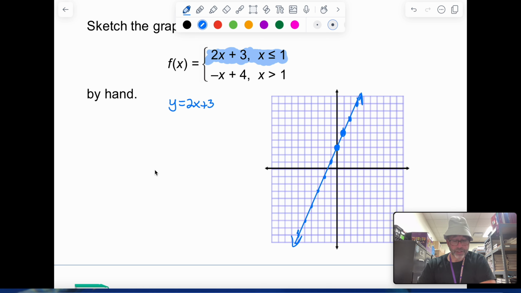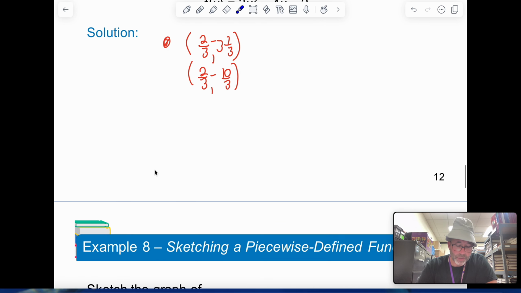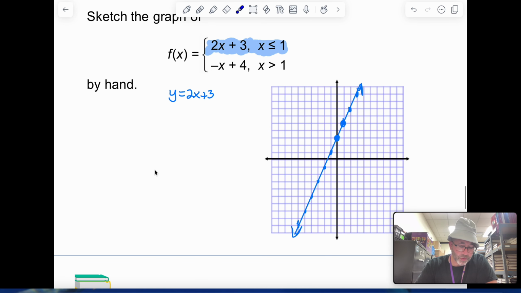Now, the directions for this piecewise function say I only want to see this graph when x is less than or equal to 1. So that means where x is less than or equal to 1 is the only part of the graph I should see. I shouldn't see anything else. So what does that mean? Well, that means we're going to cut off our graph at some point. How do we do that? Well, here's where x is equal to 1. Go up to where my graph is equal to 1, which is right here.